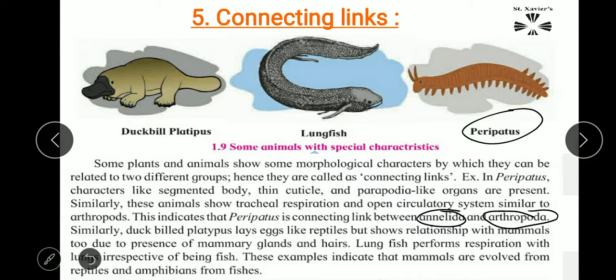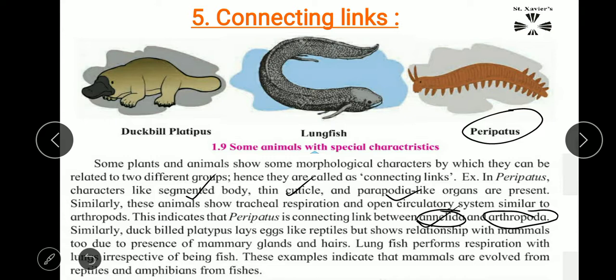Which characters? Peripatus has a segmented body, thin cuticle and parapodia-like organs, and these match with the Annelida group.